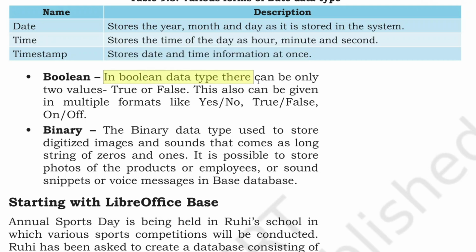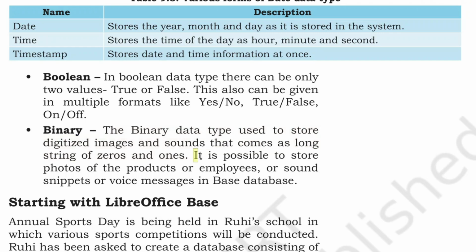Next data type is Boolean. In Boolean data type, there can be only two values, either yes or no, true or false. So simple. Binary. The binary data type is used to store digitized images and sounds that come as long strings of 0s and 1s. If we need to store digitized images and sounds, then we have to store that kind of data in the binary data type.